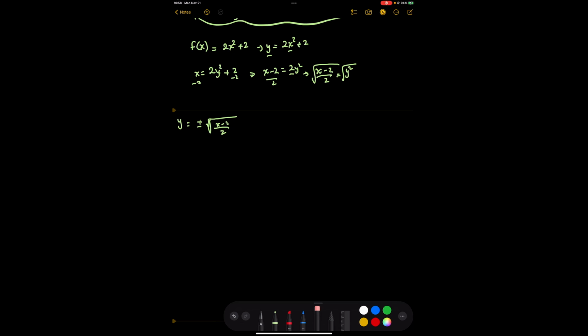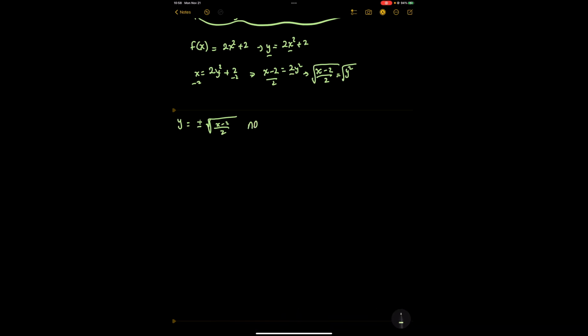So because this gives two y values for one x, this is not a one-to-one function, so it does not have an inverse. So basically, no inverse function. So yes, that was correct.